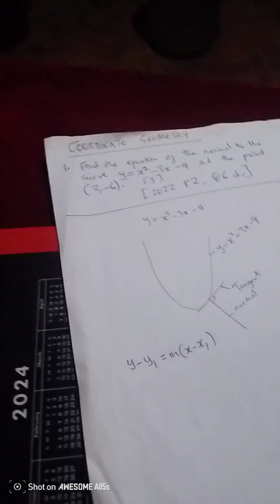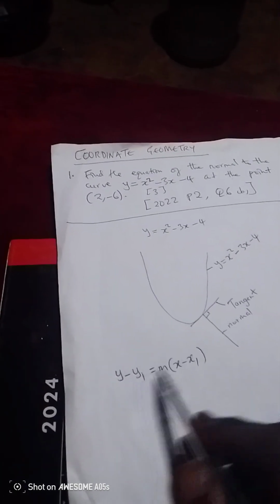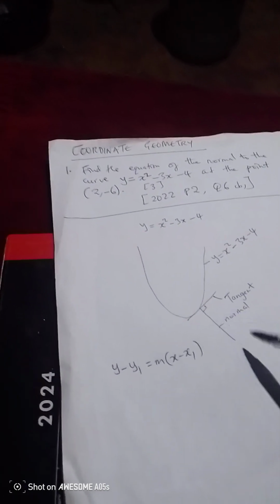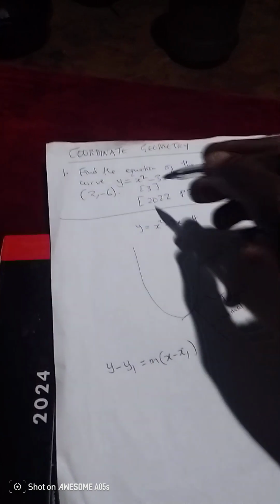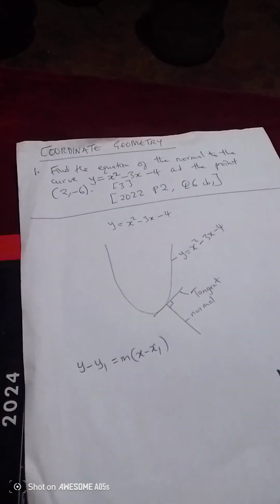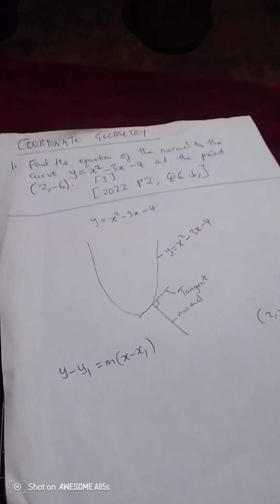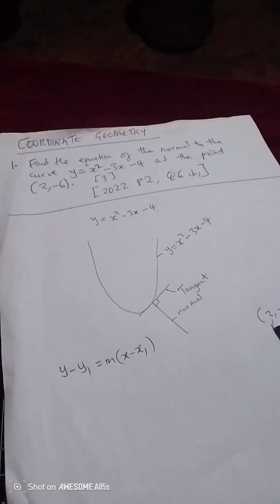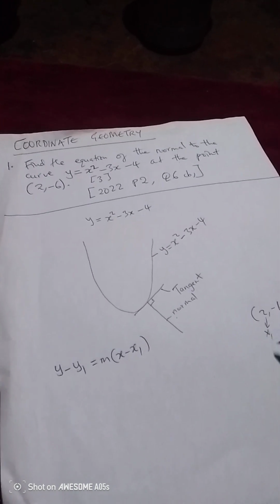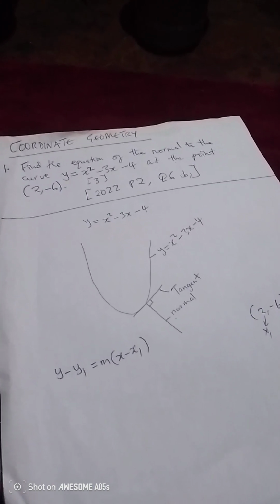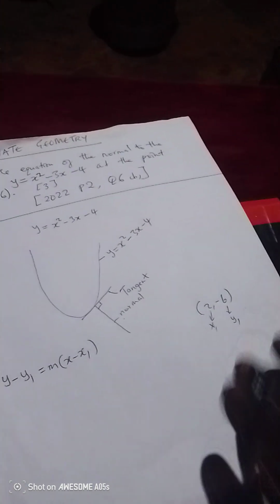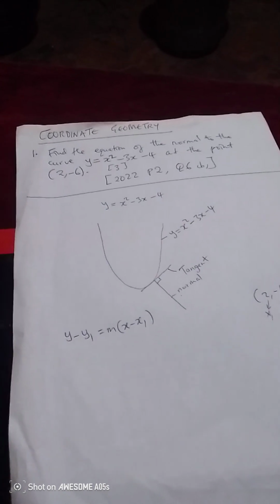Where are these coming from? This is coming from the equation of a straight line, and the normal is also a straight line. So we'll get the point there, which is (2, -6). So (2, -6). And then we are going to name this one as x1, and we'll name this one as y1.